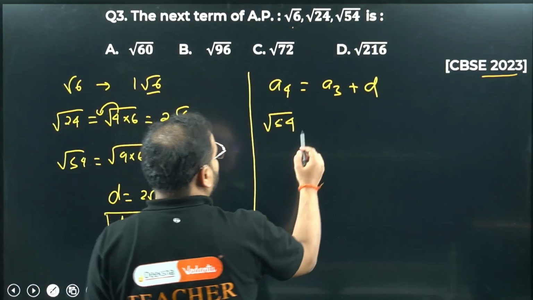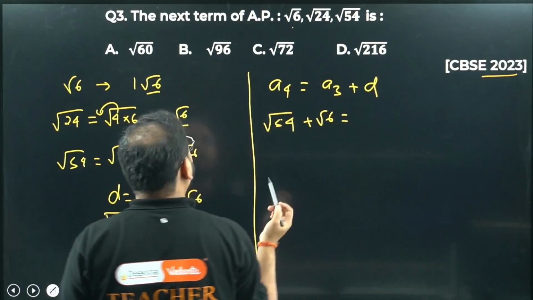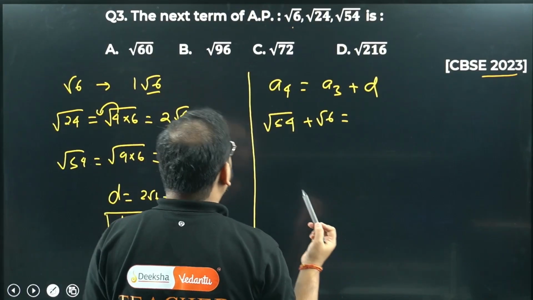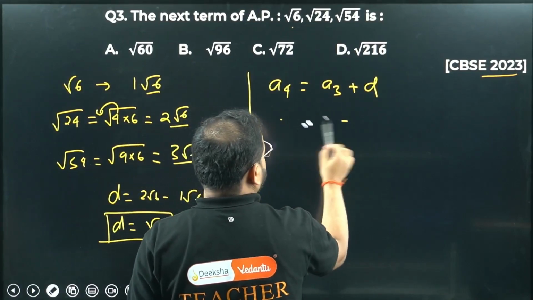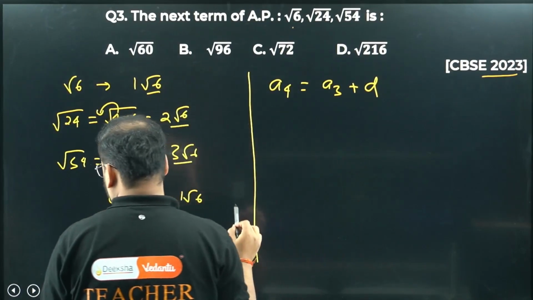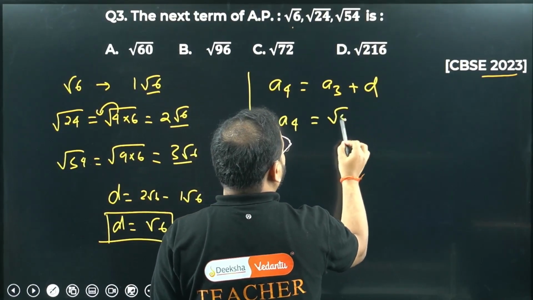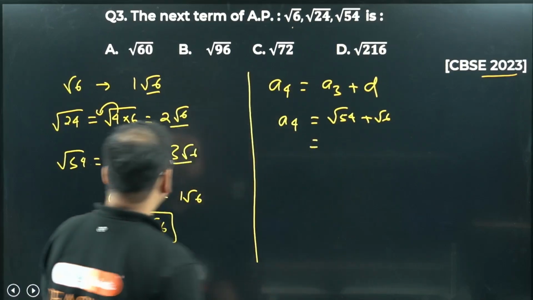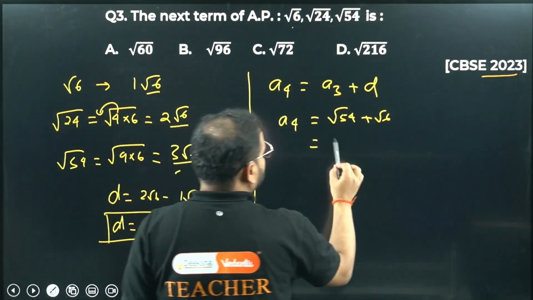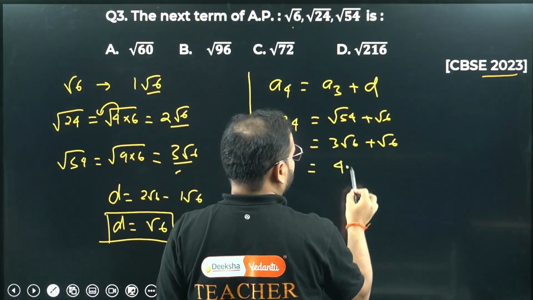We're going to find A4. So A4 equals root 54 plus root 6. Root 54 is 3 root 6, so 3 root 6 plus root 6 is 4 root 6.